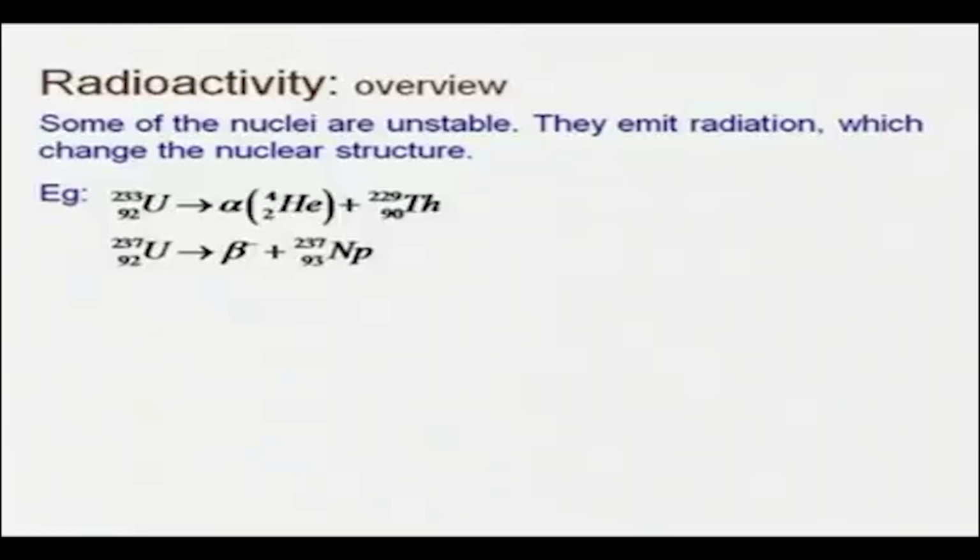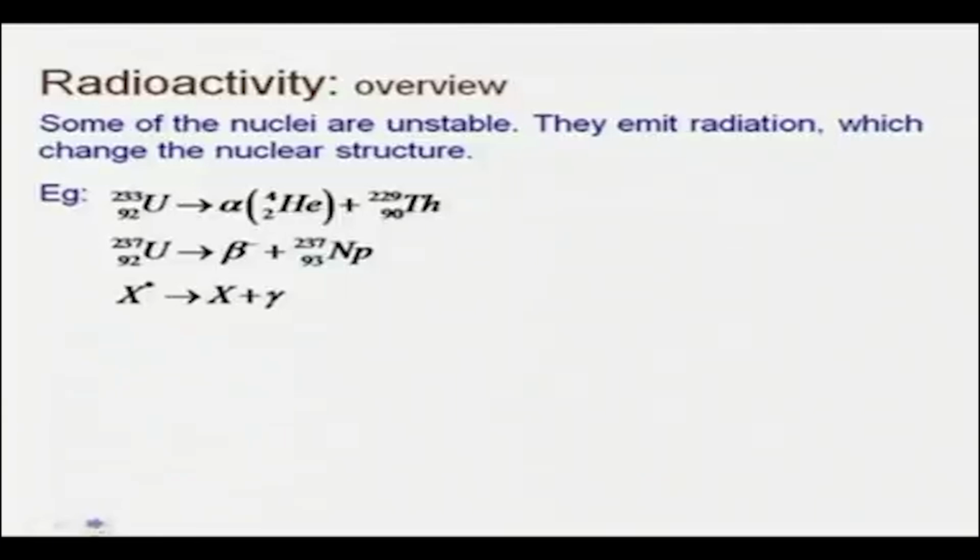Another example is uranium, again 92, 237, which emits negatively charged particles, in fact electrons, and the Z number in this case goes up by 1 unit, becomes 93 from 92. Okay, and that is another example.